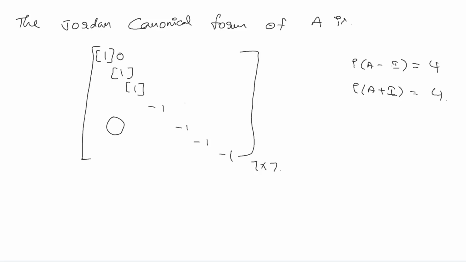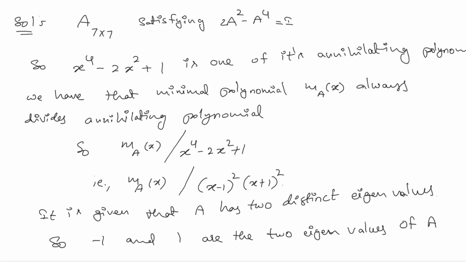So we get one entry here, 1, and all the remaining entries as zeros. You can ask one question here: why are we considering the Jordan block only up to order 2? Why can we not consider Jordan blocks of order 3 or 4 for each eigenvalue? But if we look at the minimal polynomial, it divides this polynomial, and the power of each factor corresponding to each eigenvalue is 2 only.